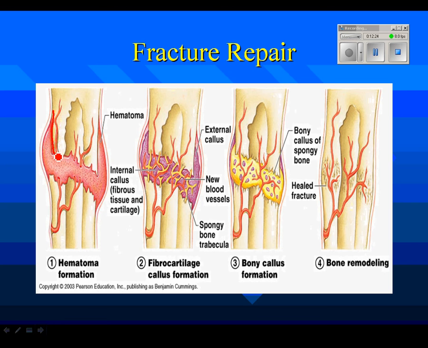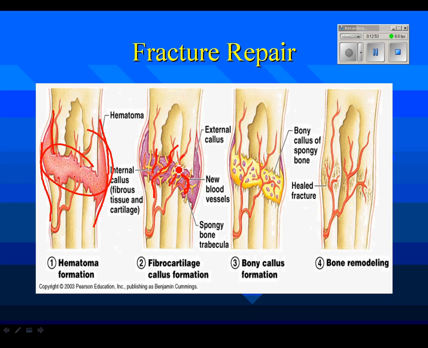And the outside of the bone, the tissue grows back over it and traps inside this bloody hematoma, which is basically a blood clot. And then as the blood is there in the middle of the bone, you start getting new blood vessels forming through here. And you start getting spongy bone trabecula, or pieces of spongy bone, laid down in there.